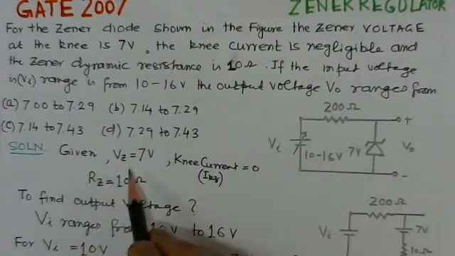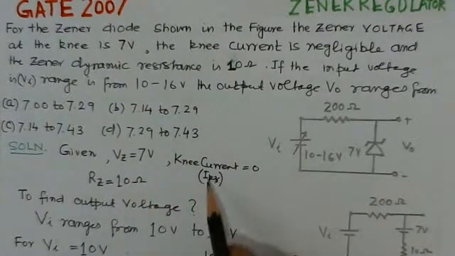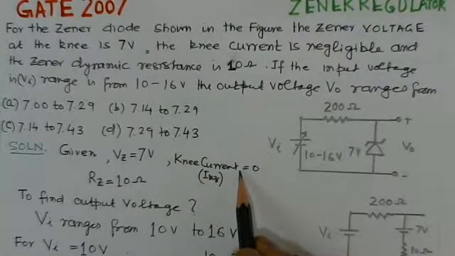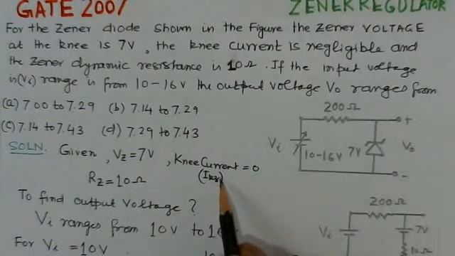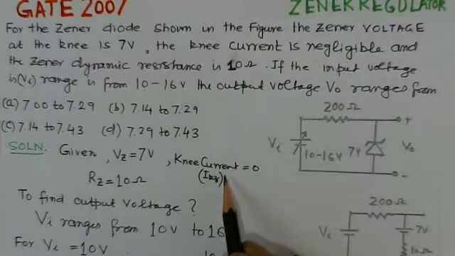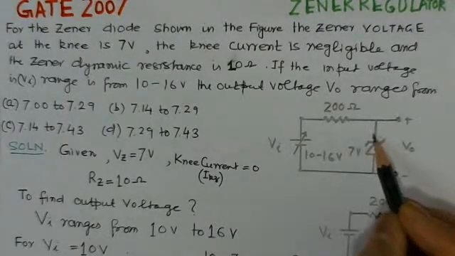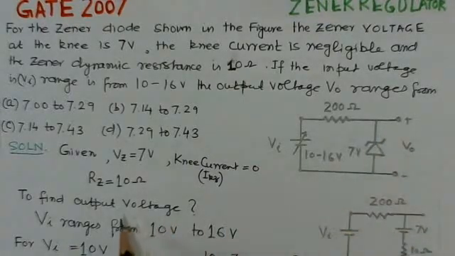What is given here is that Vz, the Zener diode voltage, is 7 volts. Another part given is that the knee current is taken as nearly 0. That means for the Zener operation there is no minimum current required. So there is no need of any minimum current to flow through the Zener diode for its Zener operation.